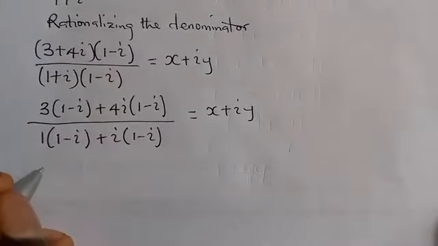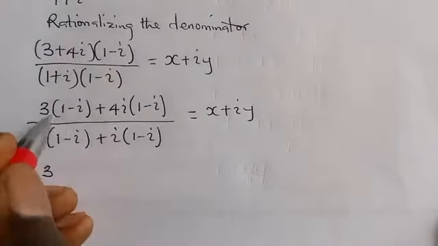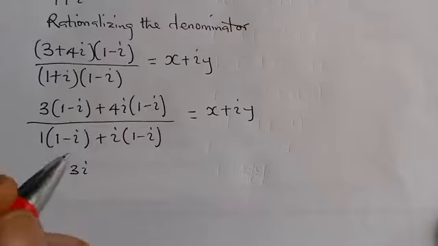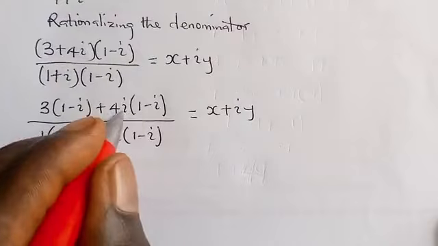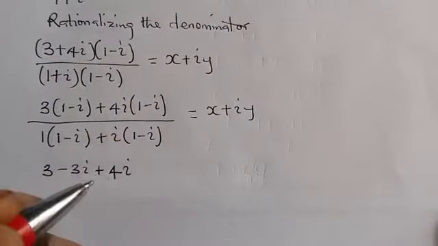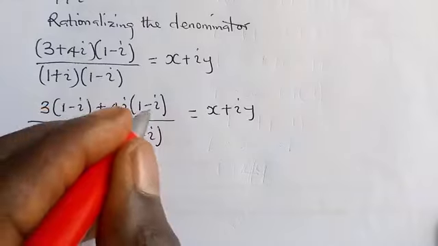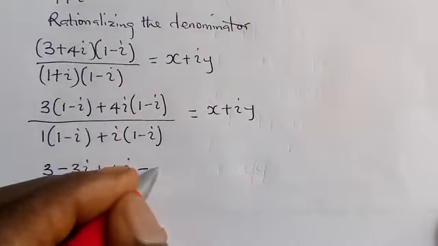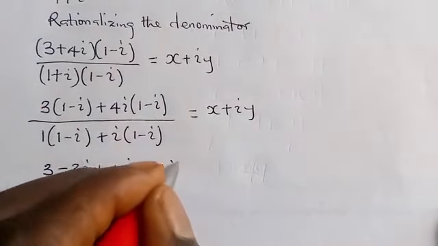3 times 1 we have 3. 3 times minus i is minus 3i. 4i times 1 we have 4i. Plus times minus is minus, 4i times i we have 4i squared.